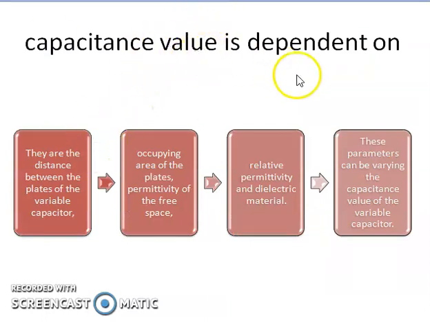The capacitance value is dependent on the distance between the two plates of the variable capacitance, the occupying area of the plates, and the permittivity of free space or relative permittivity and dielectric material. These are the main four parameters by which we can change the capacitance of the capacitors.